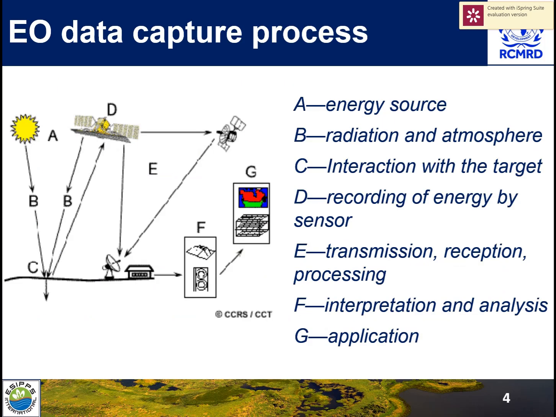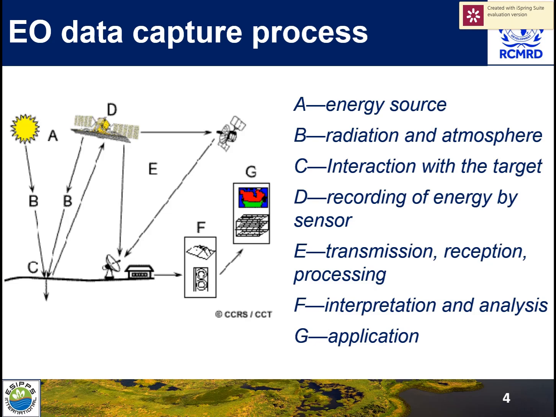In summary, we want to see how Earth observation data, basically EO, is captured. In the process, A represents the energy source. So in this case, our energy source is the sun.